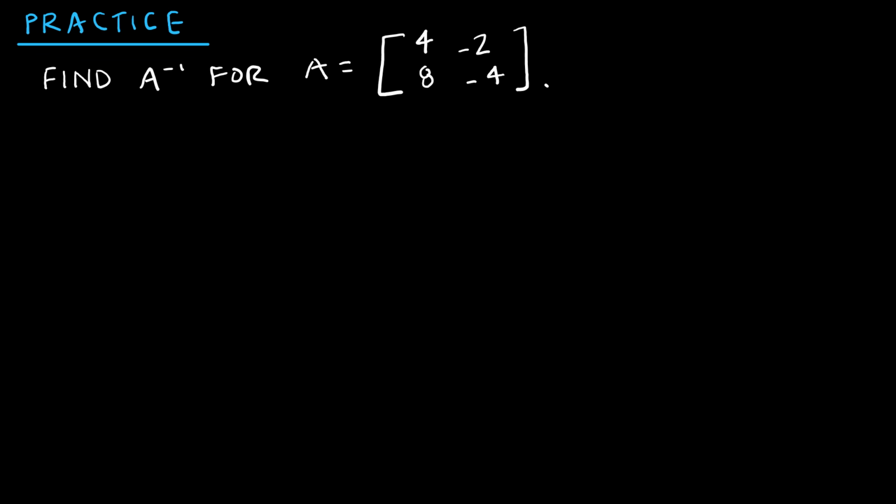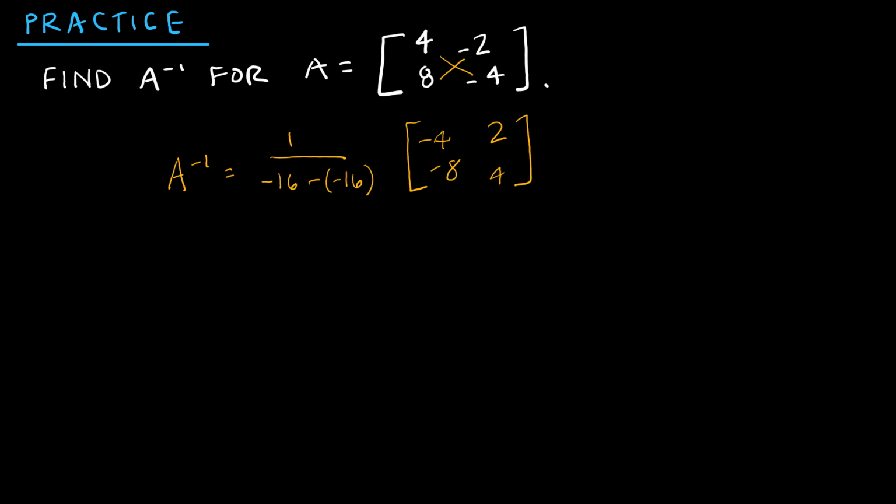So again, if I were starting to find the inverse, and this is a step we kind of skipped on the last one, we know that the inverse is 1 over -16 minus -16. So right away, hopefully you noticed that it doesn't matter if I switch the order of these two and the sign of these two, because what's going to happen here is -16 plus 16 is 0.